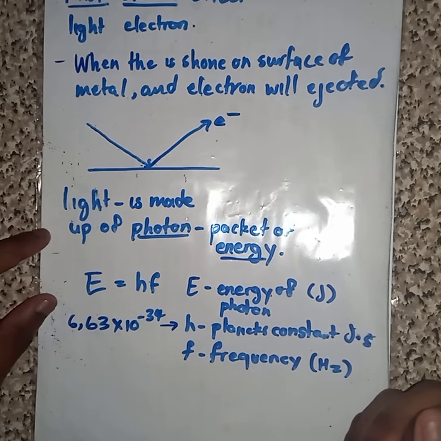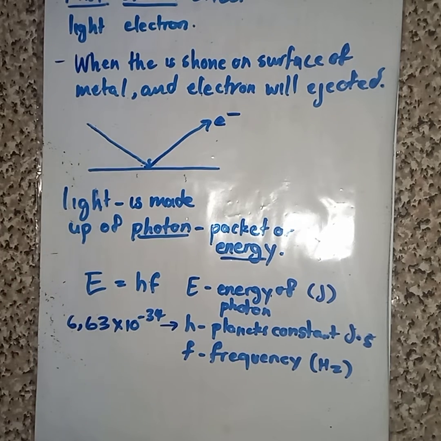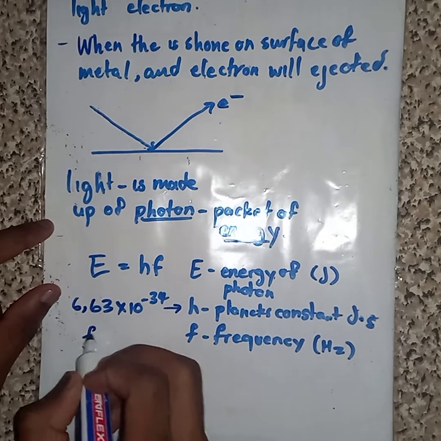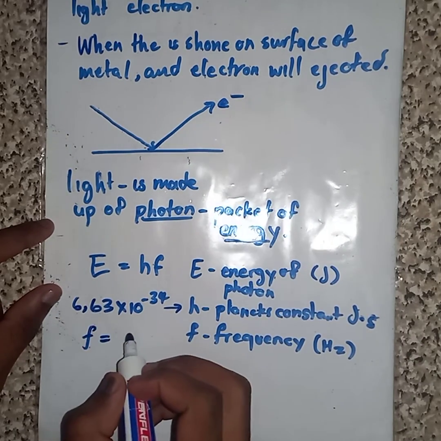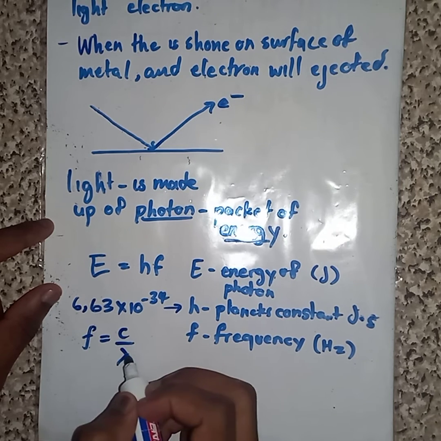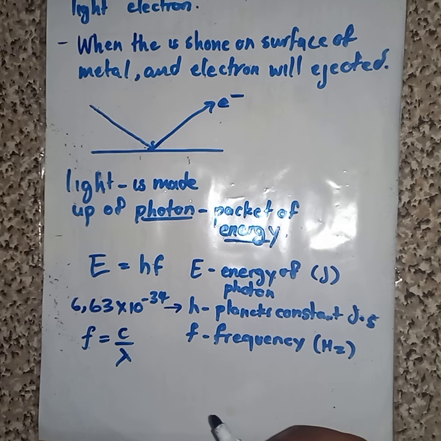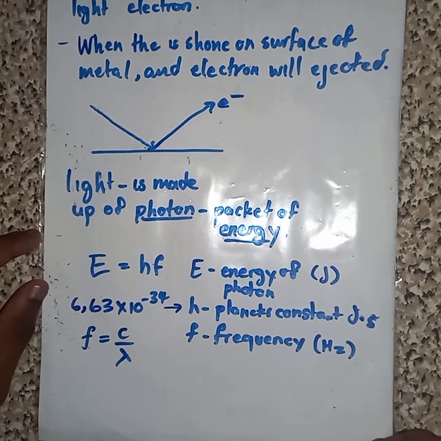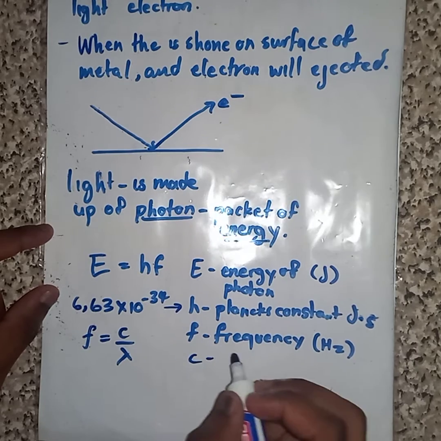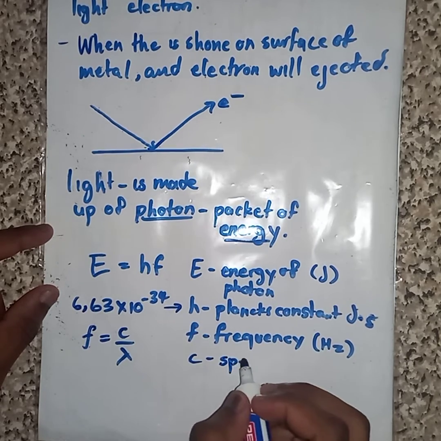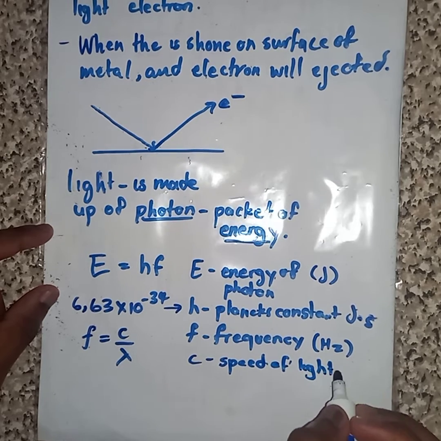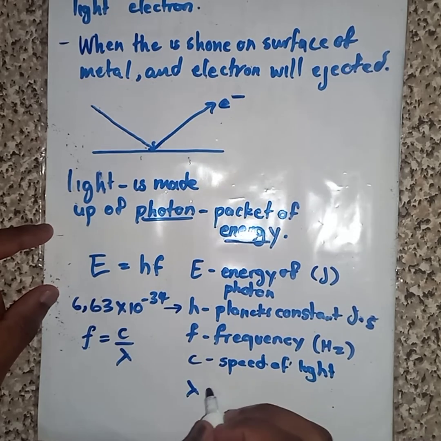We also have frequency, which can be written in the form of c divided by wavelength. This is another formula that we use to calculate the frequency, whereby c is the speed of light and lambda is the wavelength.